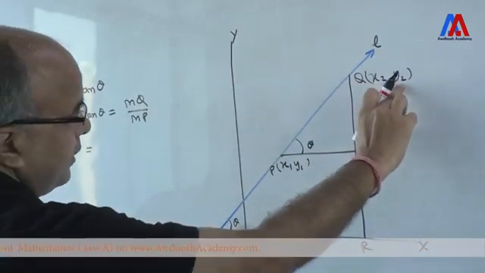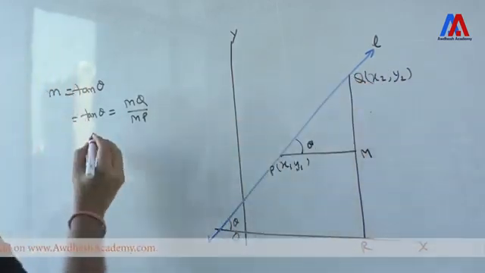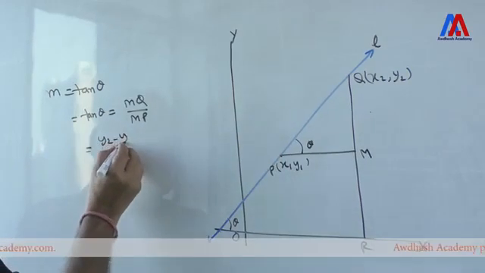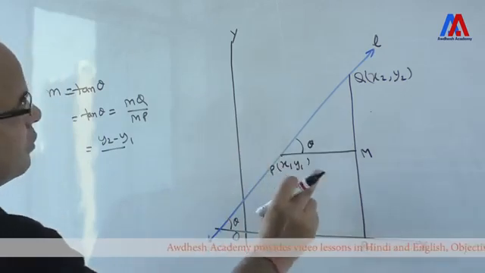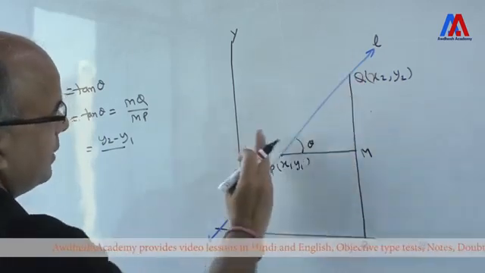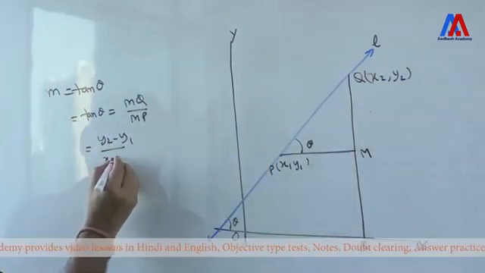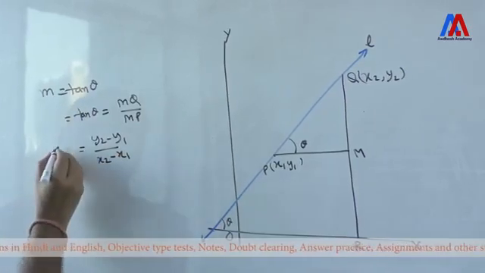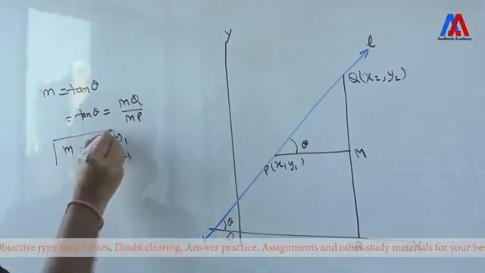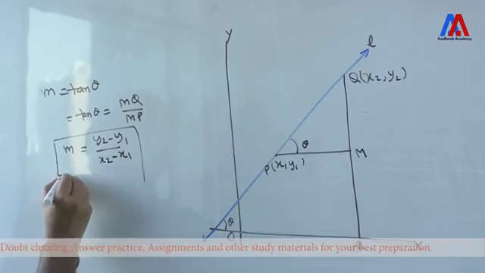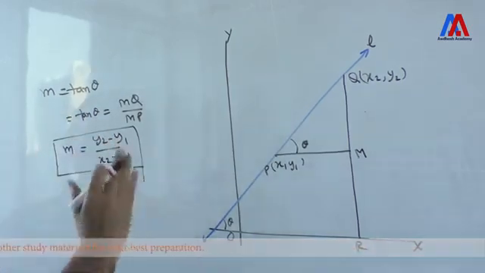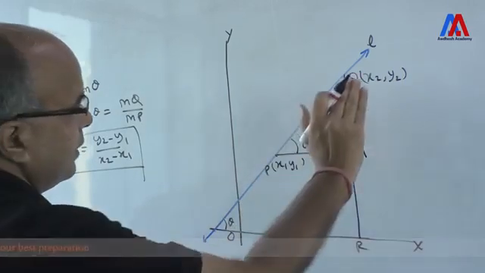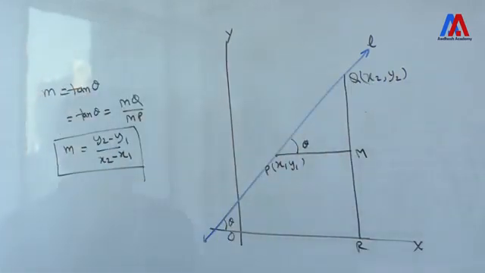MQ is y2 minus y1 and MP is equal to x2 minus x1. So this is the tangent of a line whose coordinates are (x1, y1) and (x2, y2).